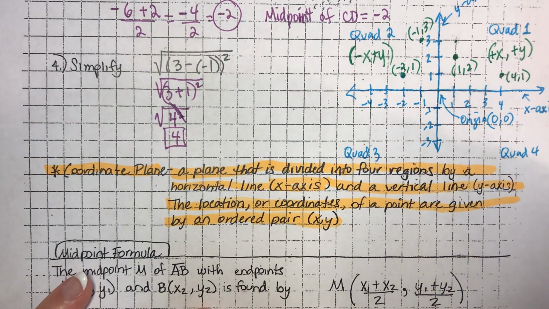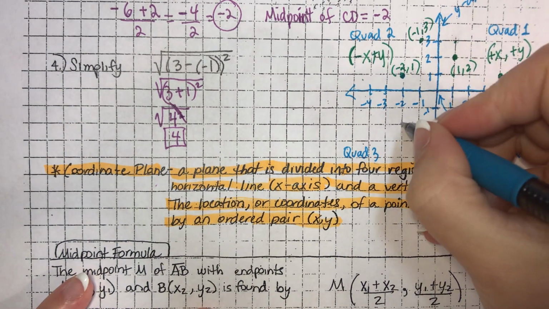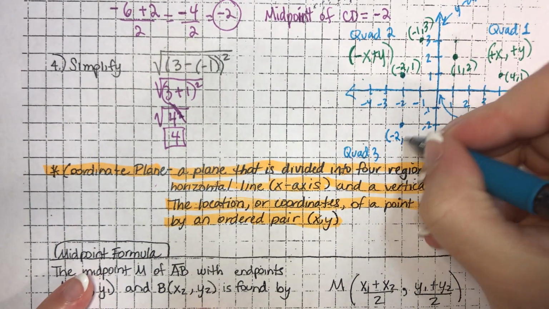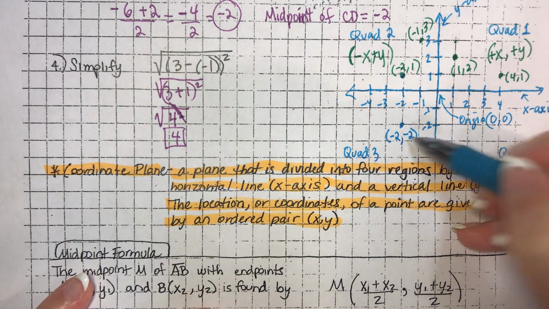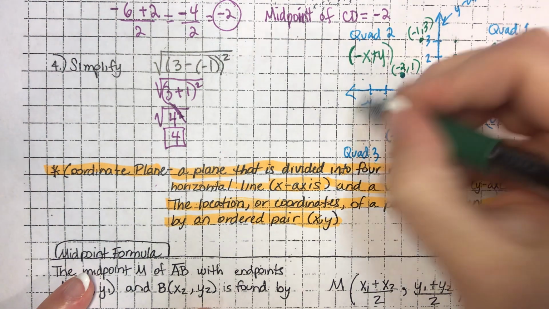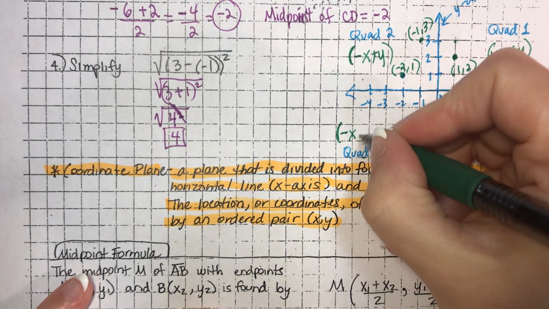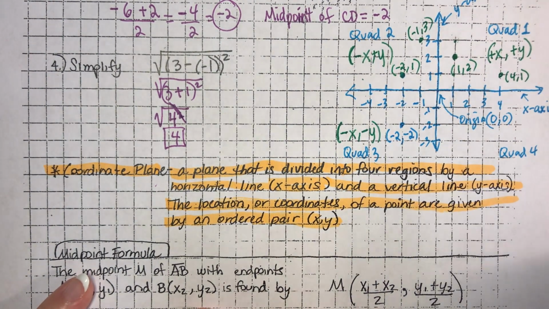Let's go down to quadrant 3. For any of these points, like this one right here, the x is going to be -2 and the y is going to be -2. So all of the x's and all of the y's are negative for any point in here. Every point is going to have a negative x and a negative y. And then finally, let's go over here to quadrant 4.